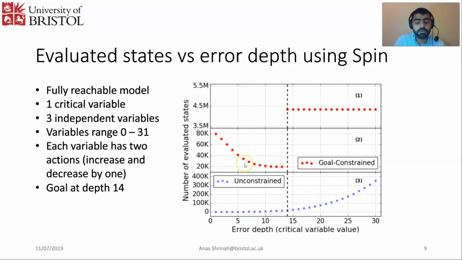And we can see that our method, the goal constraint method, explored more states than the unconstrained method, and that's because our method, after reaching the error state where the safety property is falsified, continues the search to find a path from the falsification of the safety property until achieving the goal, to guarantee that the returned counterexample is a valid planning counterexample as per our definition. And this increase in the number of states, the cost of the verification, is associated with the guarantee that our method will return only valid planning counterexamples.